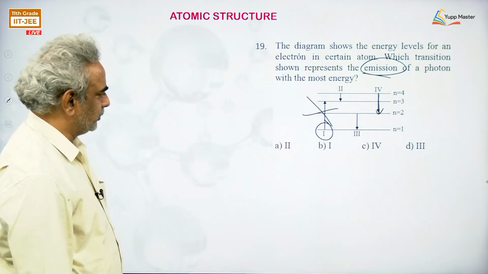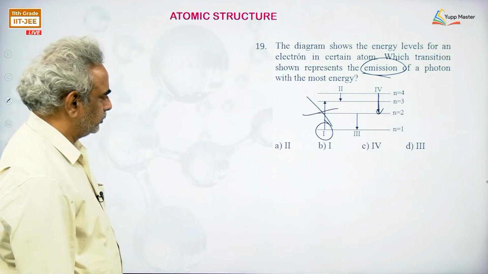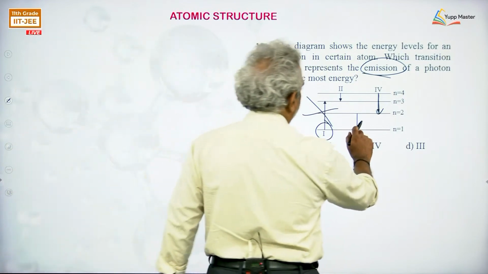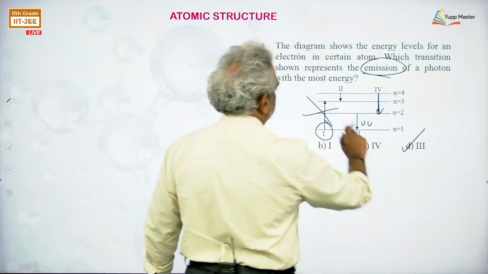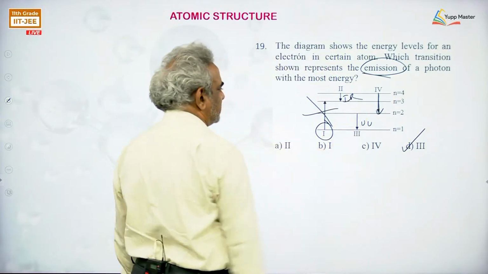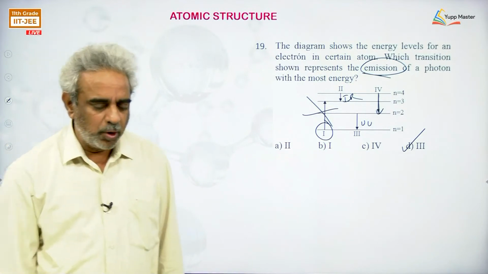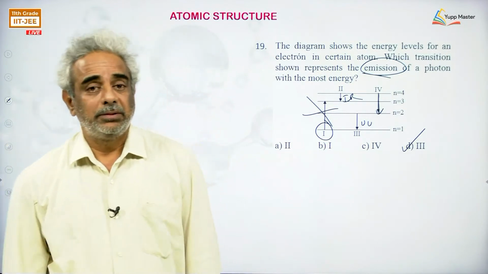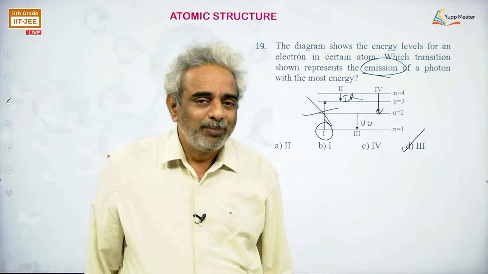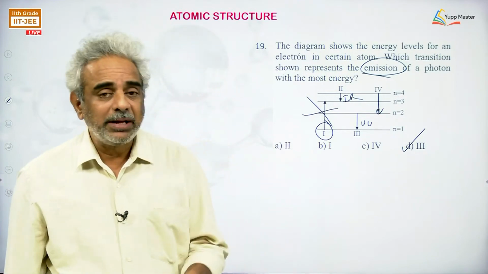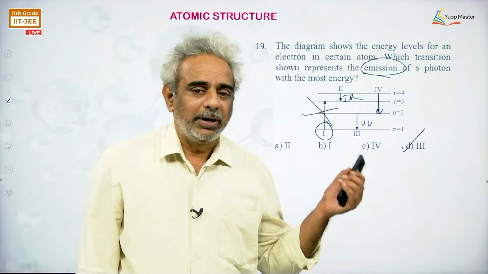So, what is the answer? 3. This is ultraviolet, this is infrared, less. And read the question carefully, whether he is asking about wave number or wavelength, because answer will be reversed. If it is wavelength, less the energy, more the wavelength.